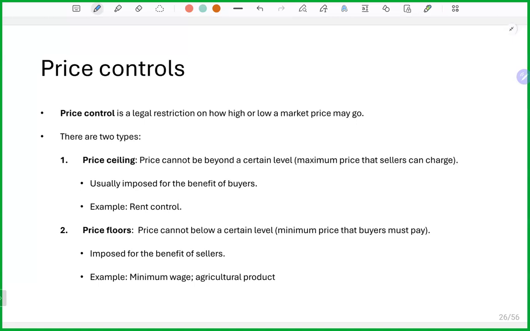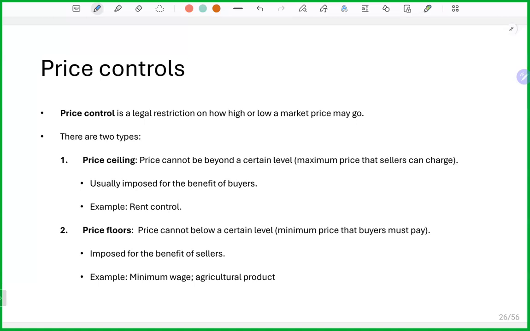The second way of price control is price floors. Price cannot be below a certain level. Price should be sustained at a higher level. It's imposed for the benefit of sellers. The typical example is minimum wage. Who supplies labor? What is the wage?